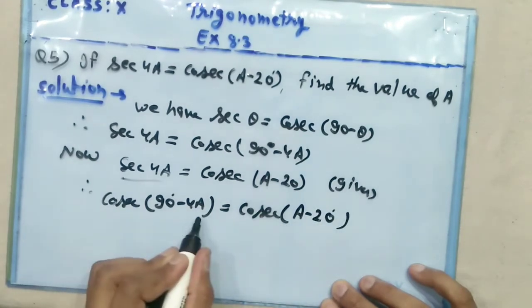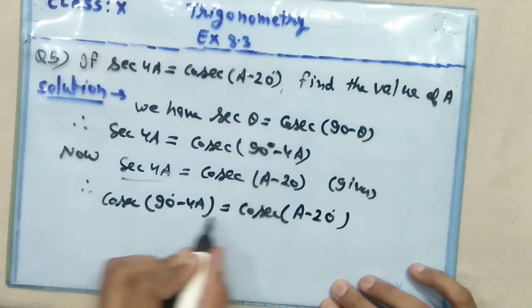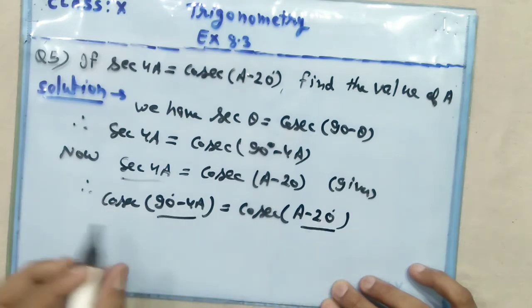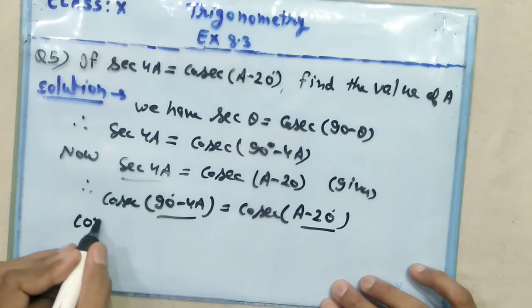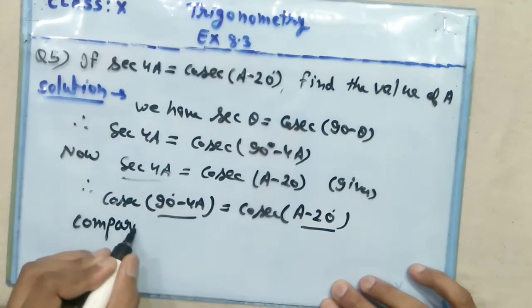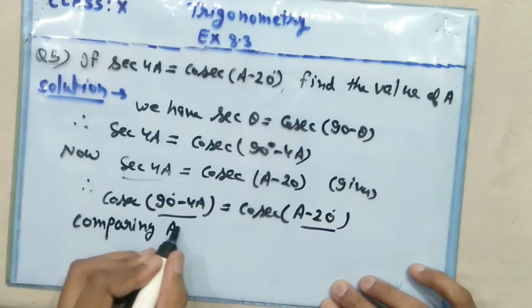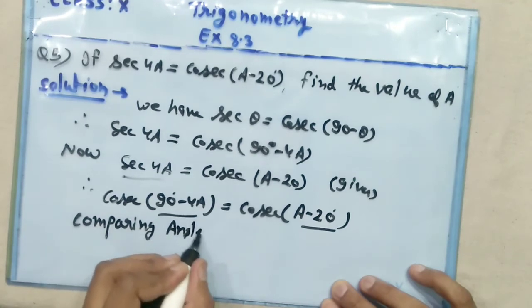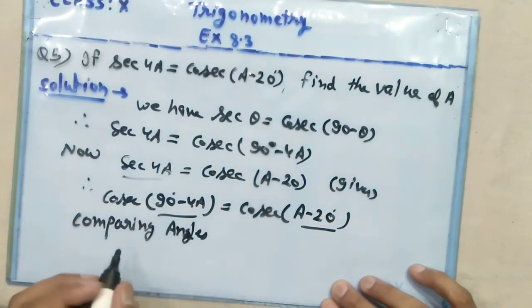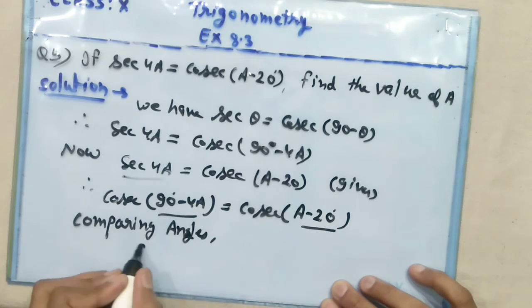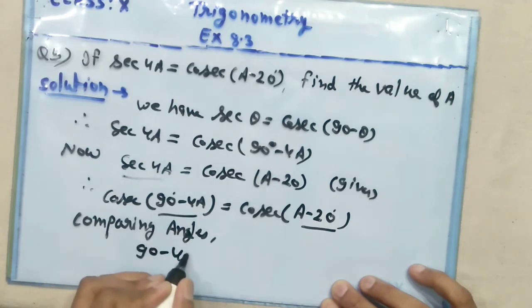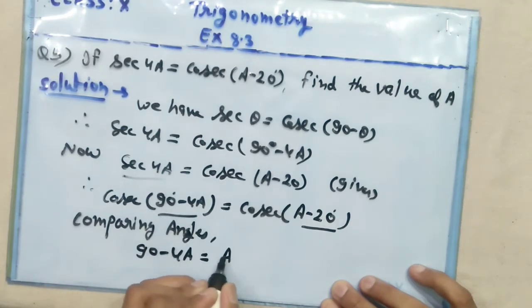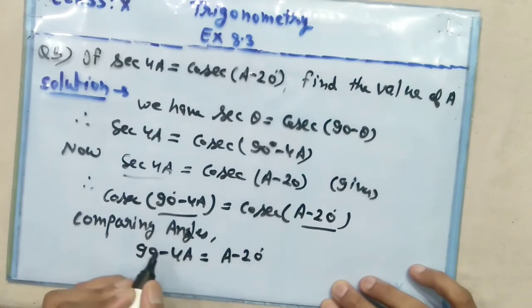Now we can see this is also cosec, this is also cosec. So comparing angles, we have 90 minus 4a is equals to a minus 20.